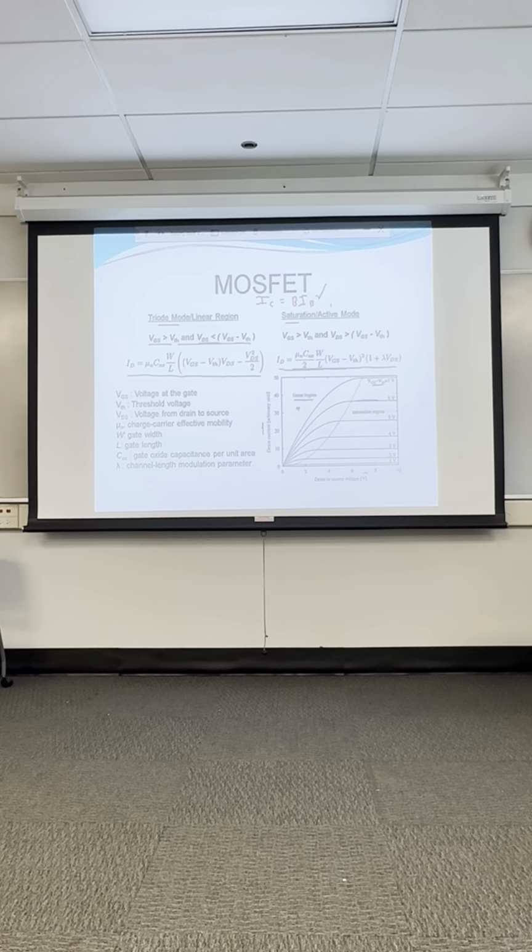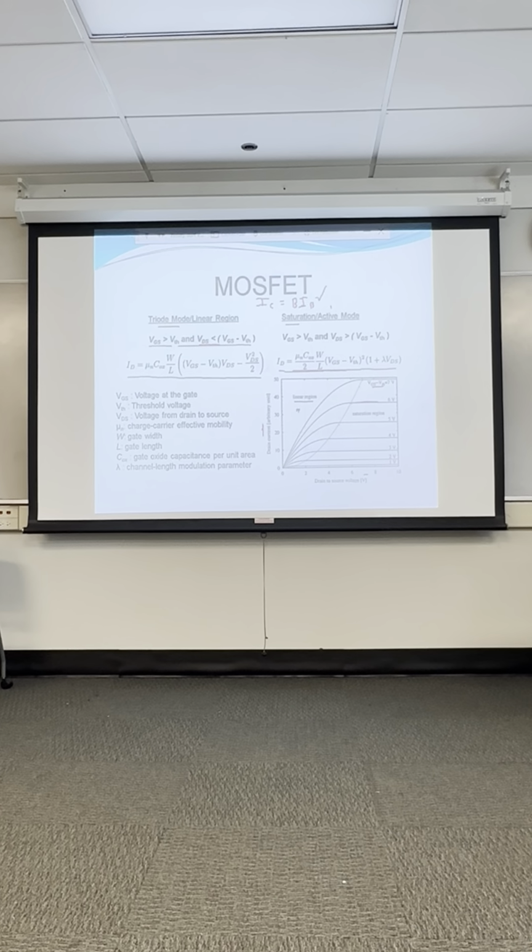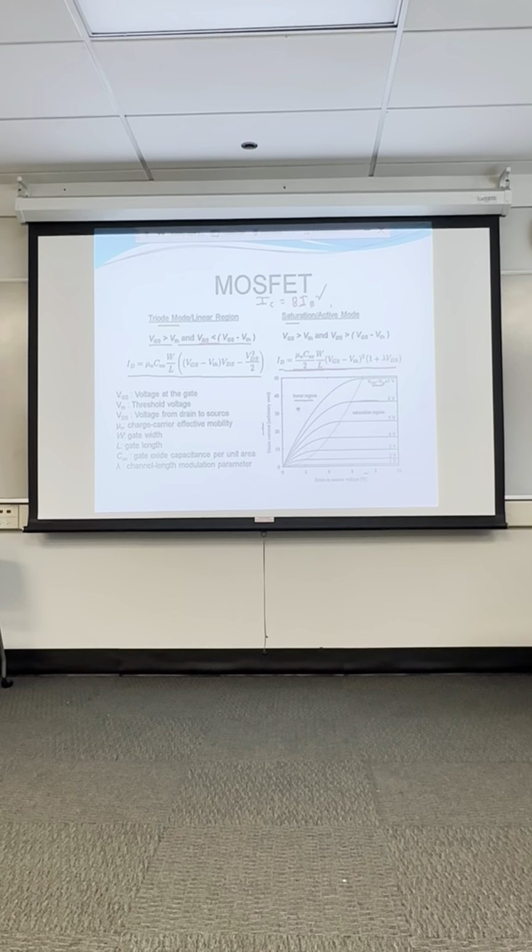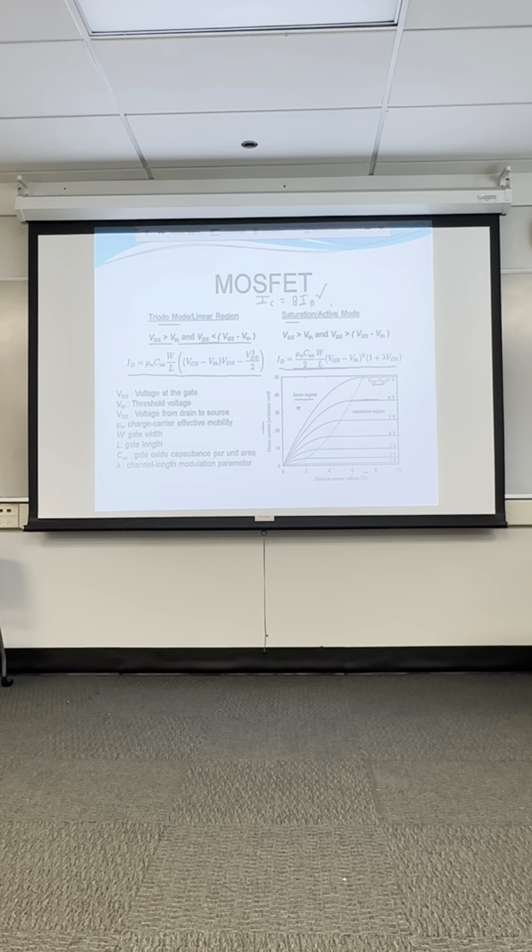Now the components in here, let's say for saturation mode, I sub D is mu sub n C OX divided by 2 times W over L, that's the width of the gate, times V sub gate to source minus V sub threshold, squared.